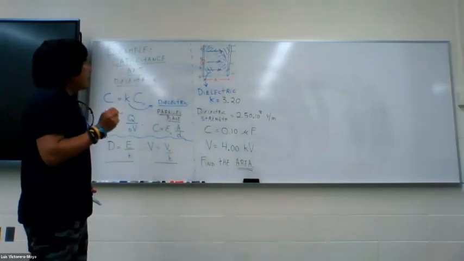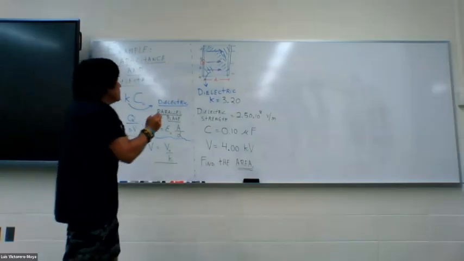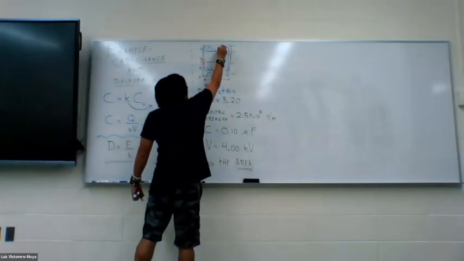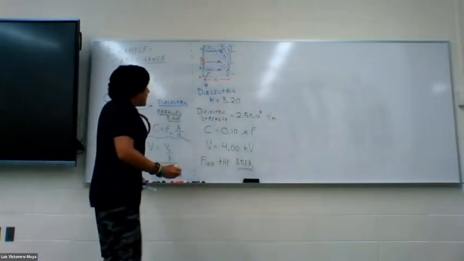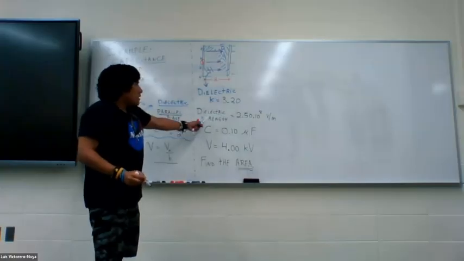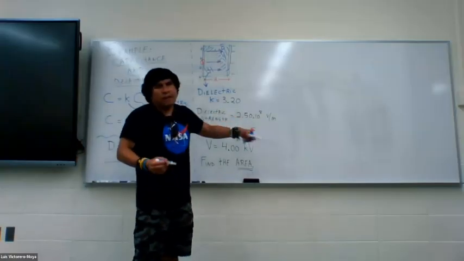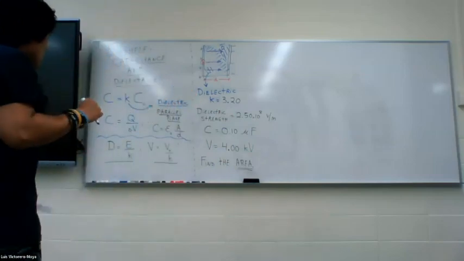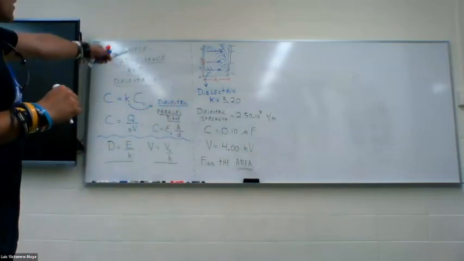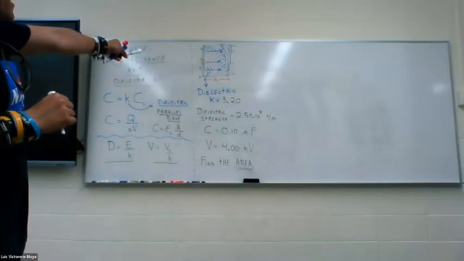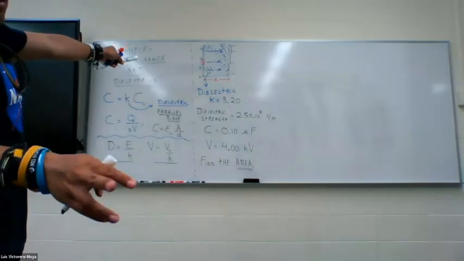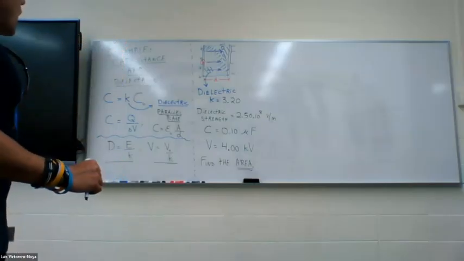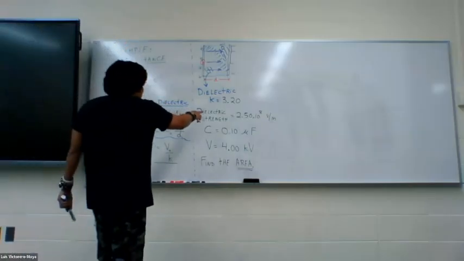And we label it with capital D. That's the dielectric strength. It has the same units as electric field because it's just affected by the dielectric, by that equation there. In this example, they give you the dielectric constant. Again, no units. They give you the dielectric strength.